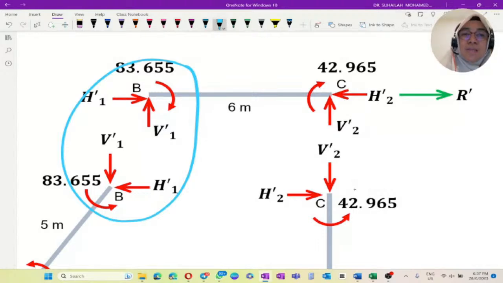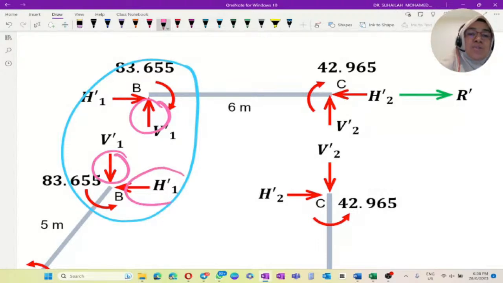So total V is equal to 0, total H is equal to 0. Here we find this one is negative, this one is positive, so the equilibrium is fulfilled. Another one is in the horizontal direction for H. This is H1 in the left direction, and H1 also in the right direction. So the system is in equilibrium horizontally and vertically.